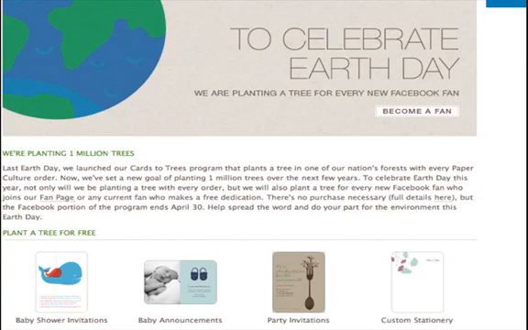And it's a nice graphic that they have there. All they're saying is for all of their new Facebook fans they get, they're going to plant trees, which is great. It's a great way to give back to their community and to help celebrate this particular holiday. Again, not something that you get the day off for, but it's a great holiday type of thing that can work well with your business or services that you have.